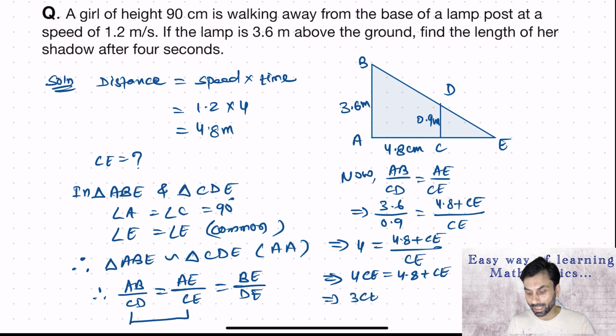Now we can write it as 3 times CE equals 4.8, and so the value of CE will become 4.8 upon 3, which will be 1.6 meter. That means the length of the shadow of the girl at that time will be 1.6 meter.